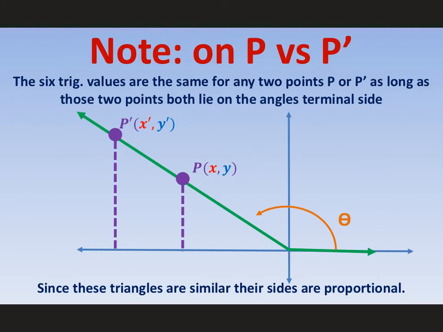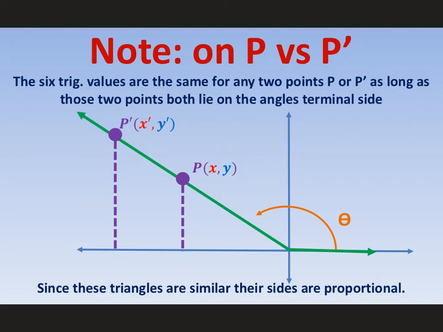All right, one thing I just want to note, and this is just a little note I'm making to you guys, it doesn't matter what point we choose on the terminal side, and this is because of what we talked about in our last lesson. These triangles right here, this little one and the big one, they are similar triangles.